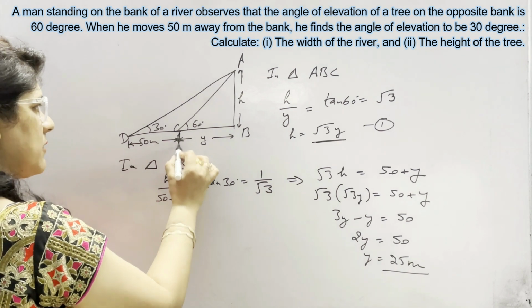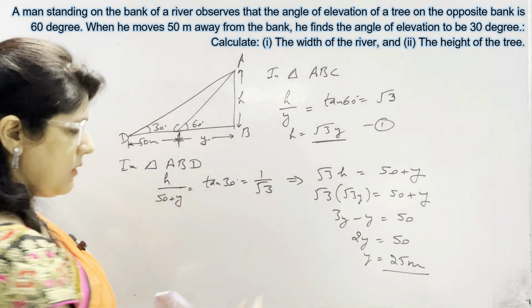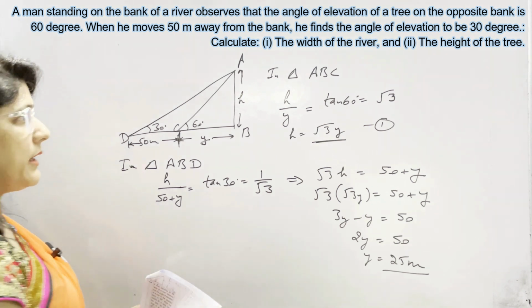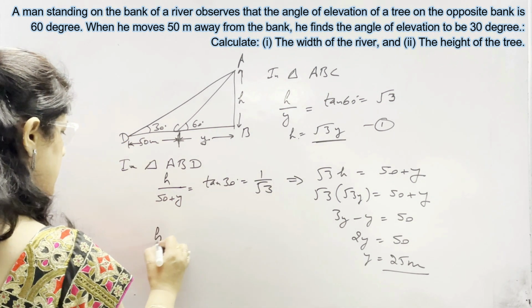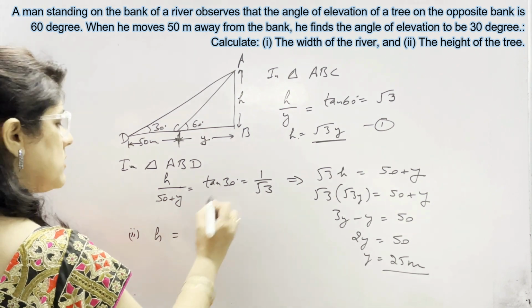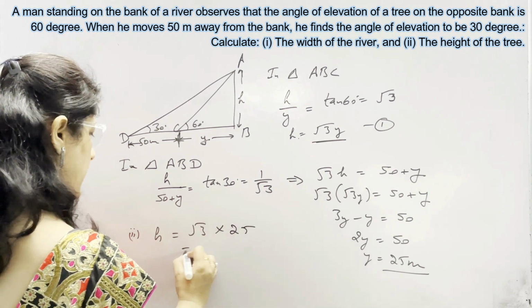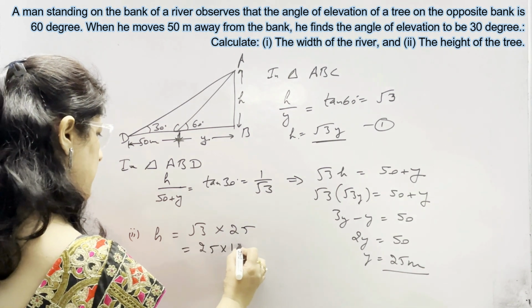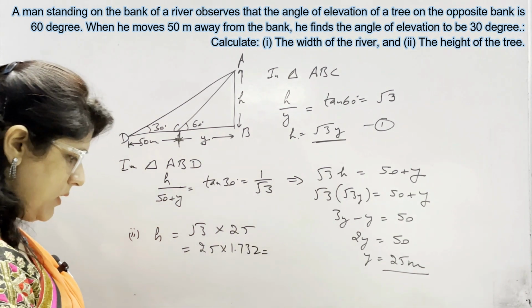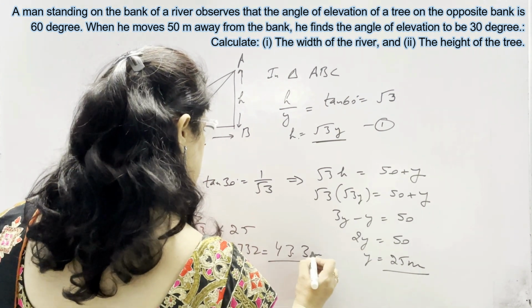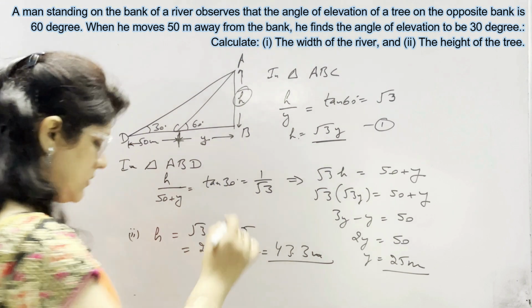So the width of this river is 25 meter. First part done. Second, the height of the tree. h is equal to under root 3 y. So 25 multiplied by 1.732 and its value is 43.3 meter, which is the height of the tree.